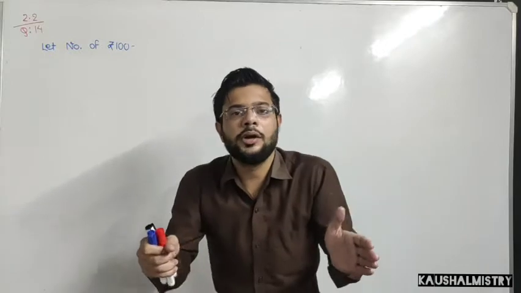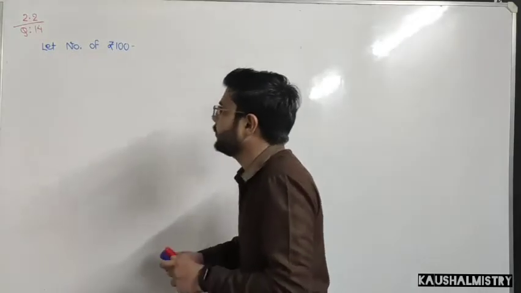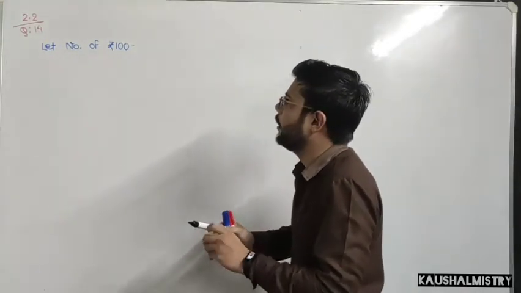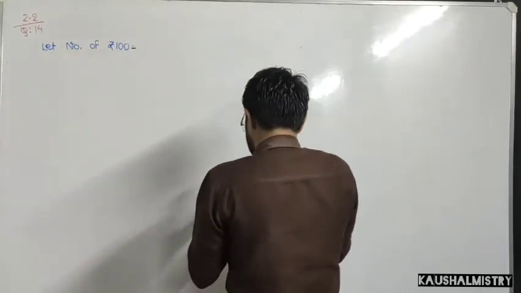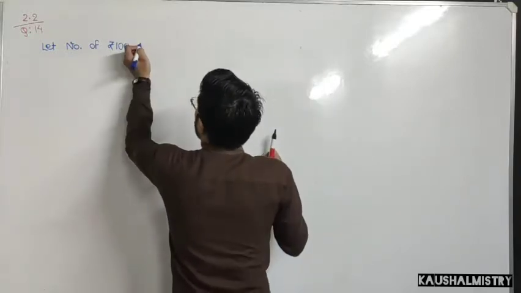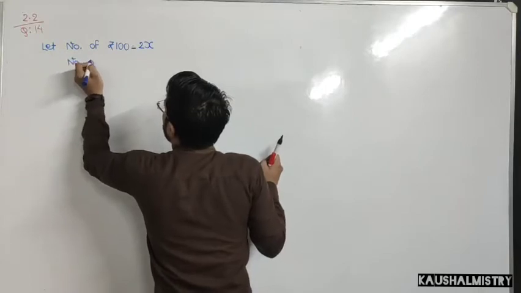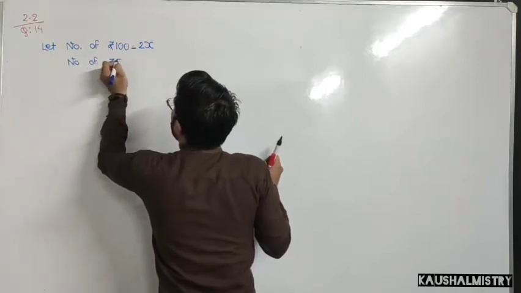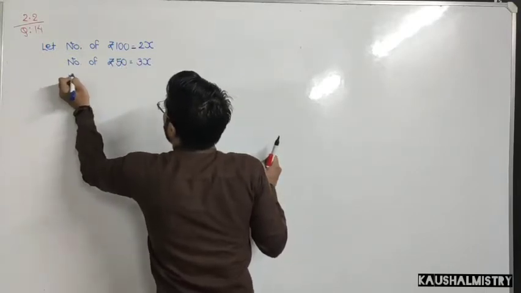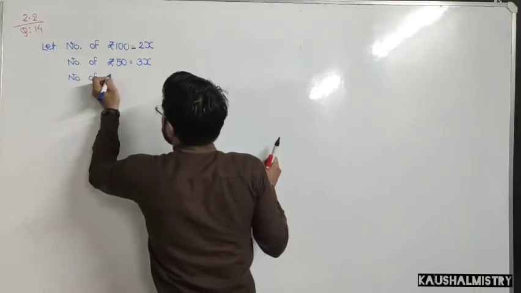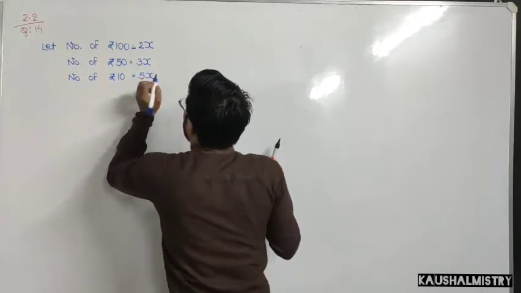So let the number of 100 rupees notes be 2x, the number of 50 rupees notes be 3x, and the number of 10 rupees notes be 5x. Right?